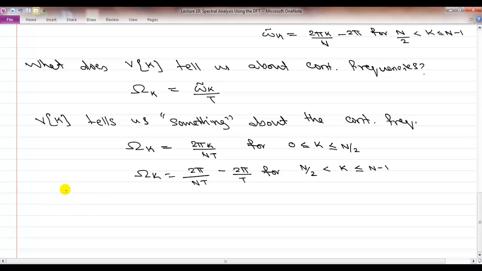In particular, the DFT is effectively sampling.